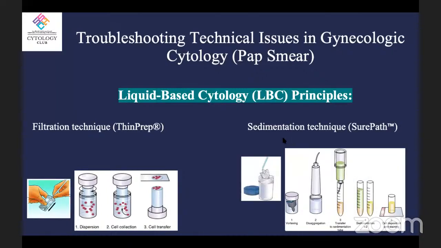While in the sedimentation technique, the SurePath, the head of the brush detaches into the solution and is sent to the lab. Then in the lab, we start by vortex and disaggregation, then transfer to the sedimentation tube, which includes a density reagent. Then we start sedimentation, and the last step is cell deposition and staining.